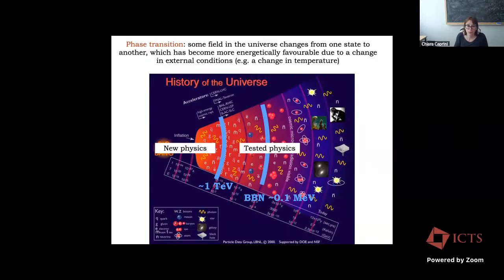Typically these phase transitions can bring with them non-linear interaction phenomena that can be strong enough to produce gravitational waves.